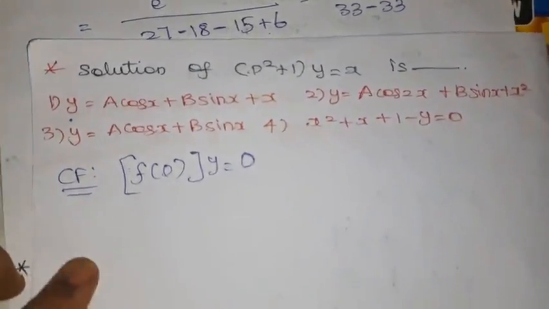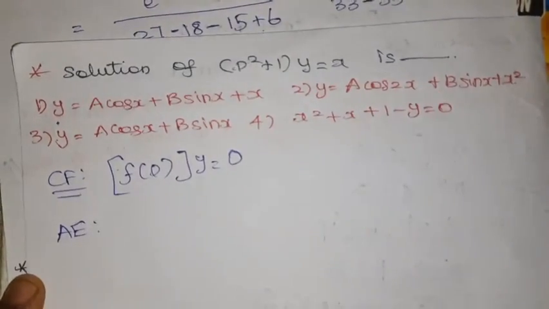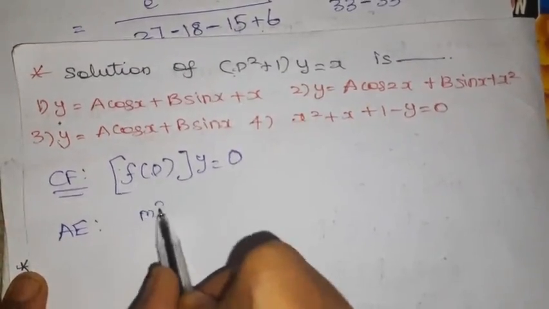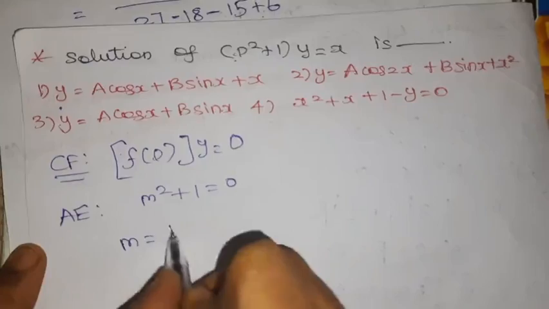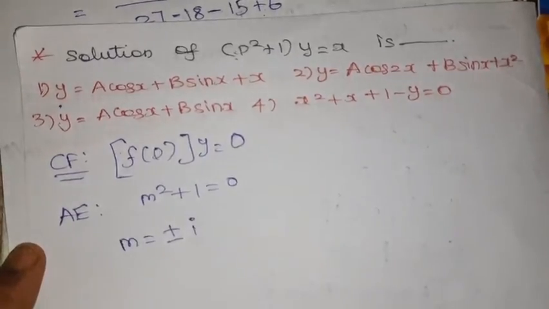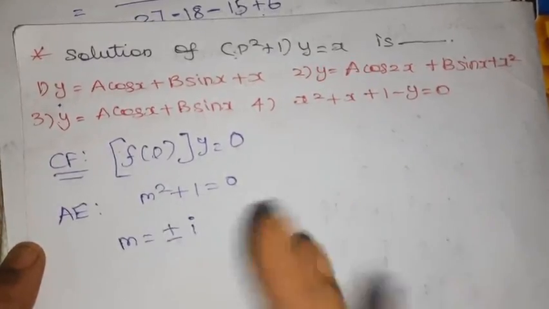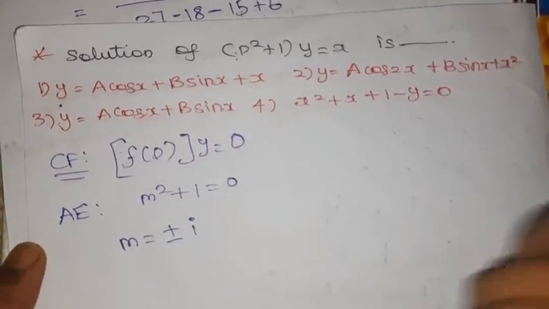Then to form the auxiliary equation AE, just replace D by m, m square plus 1 equal to 0. Then finding the roots, m equal to plus or minus i, right? When we find the factors, this is the one. See, the roots are complex conjugate.